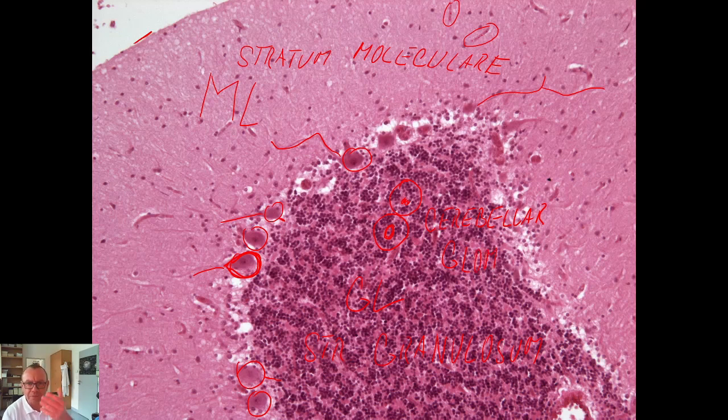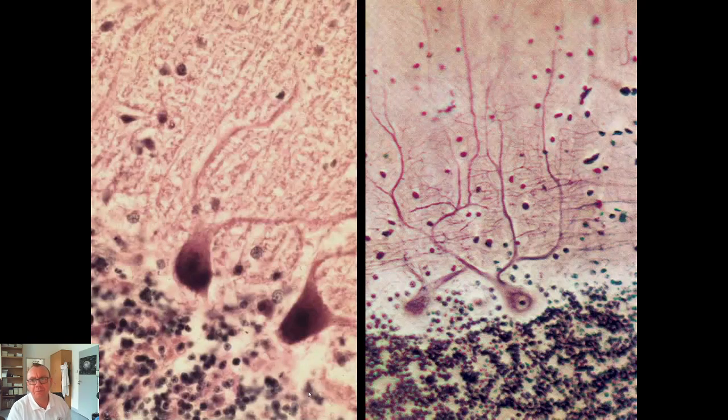Only the spherical shape probably resembled the renal glomerulus to somebody, and so the name. Okay. So this is the small magnification of the cerebellar cortex, and here will be several pictures in higher magnification.